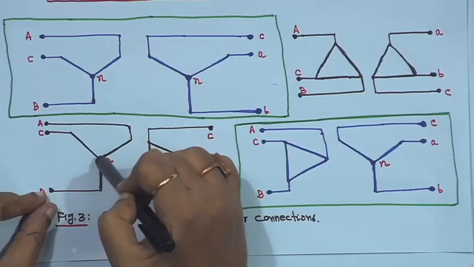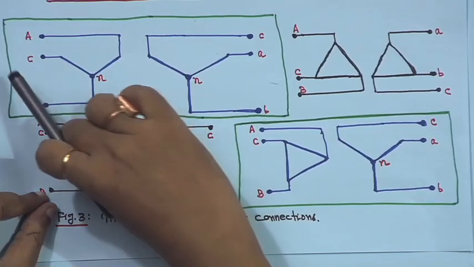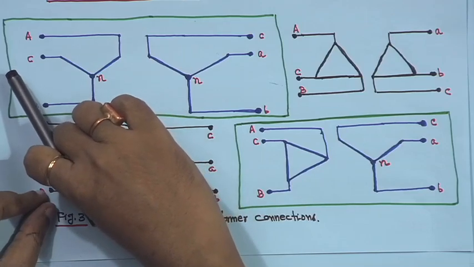So star-delta or delta-star is very common, because with the star side kept at the high voltage side, only the phase voltage will be induced in each phase, so the insulation cost will be less.